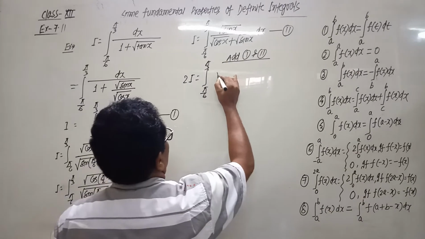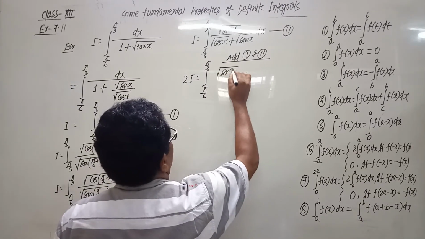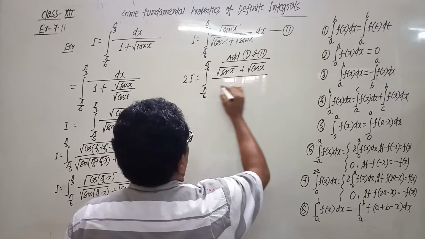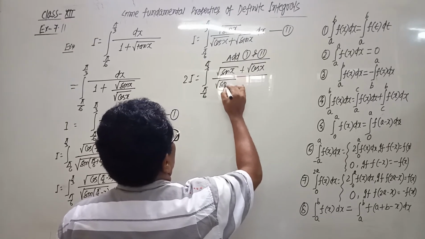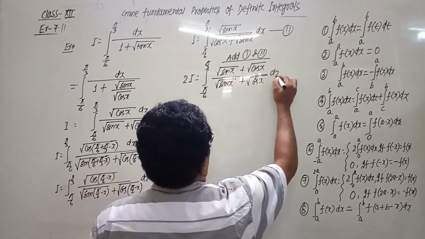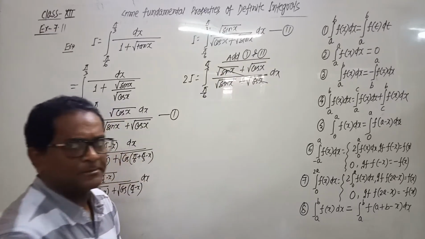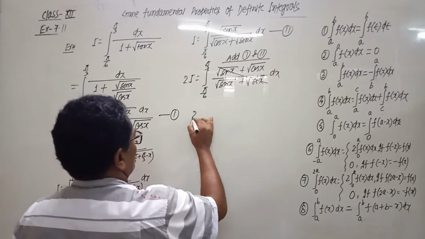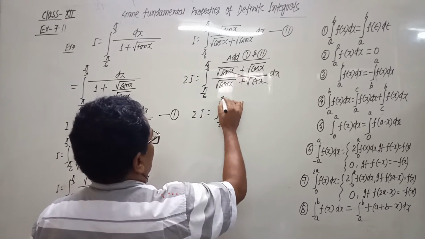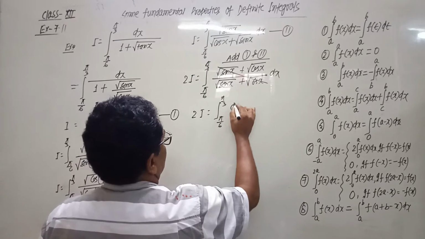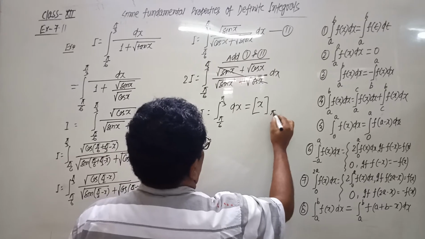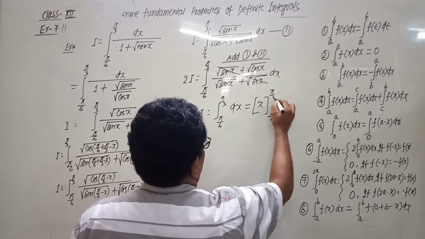So we get in the numerator root sin x plus root cos x, upon denominator also root sin x plus root cos x, dx. This whole term gets cancelled and we get 2I equals integration pi by 6 to pi by 3 dx. And integration of dx is x, with limit from pi by 6 to pi by 3.